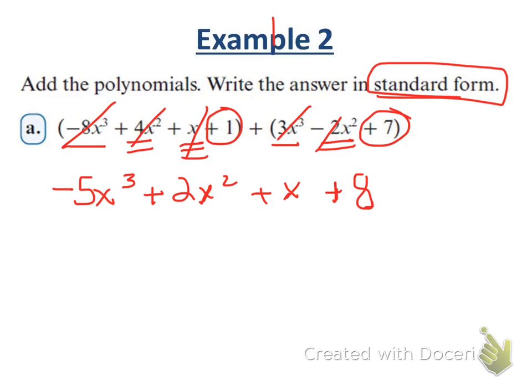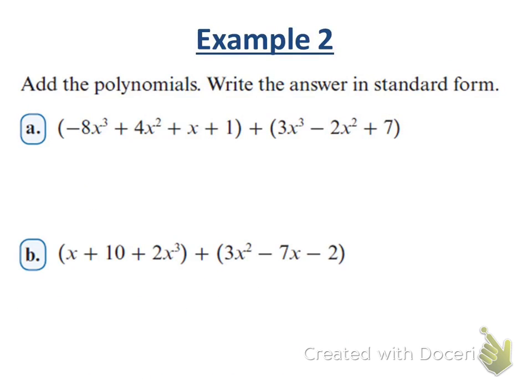What's the leading coefficient? Negative 5. Okay, and then what else? What's the constant? 8. Good. All right, next example.